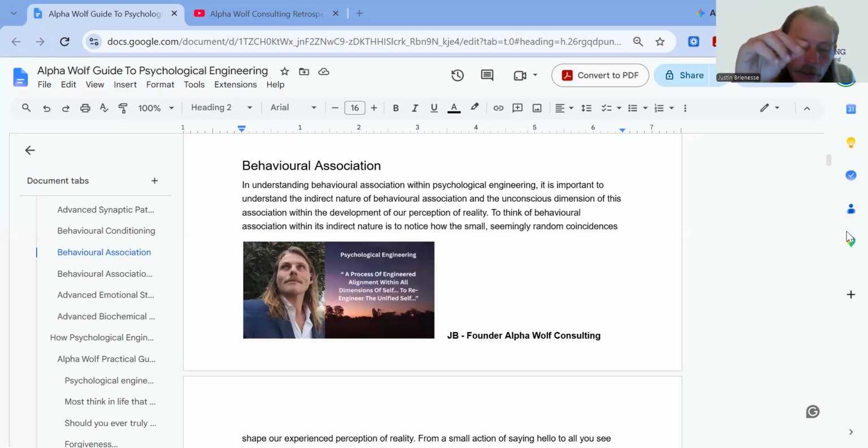This is how memory association links to emotional states. I might feel danger and have a need or a feeling to feel safety.